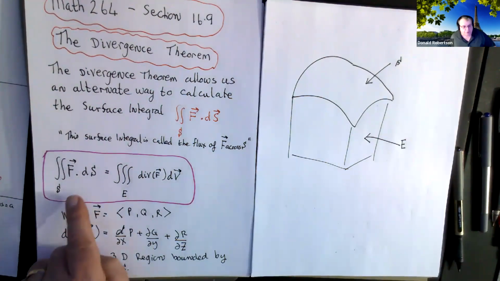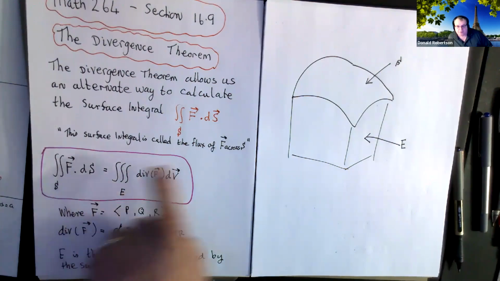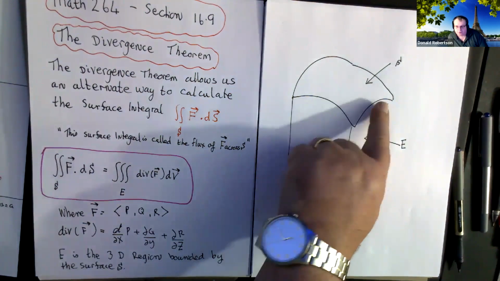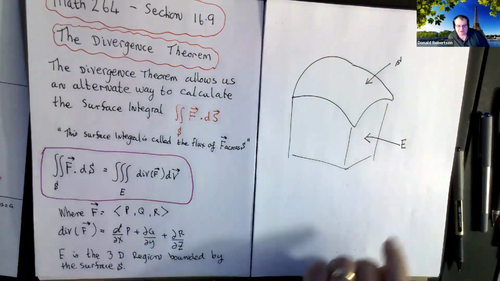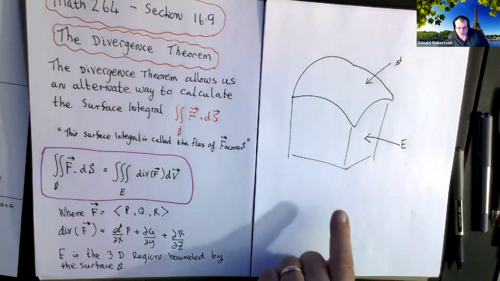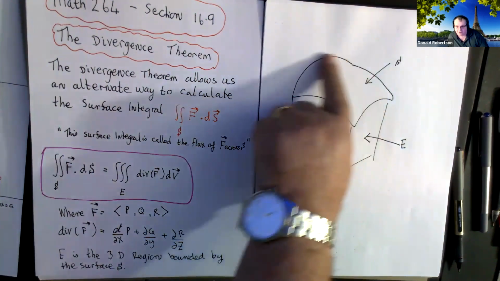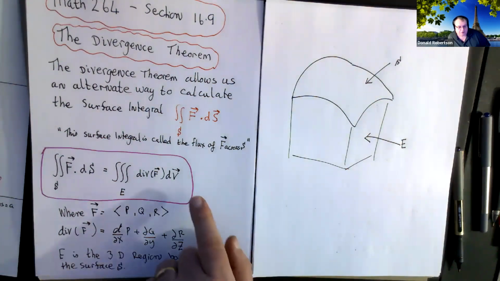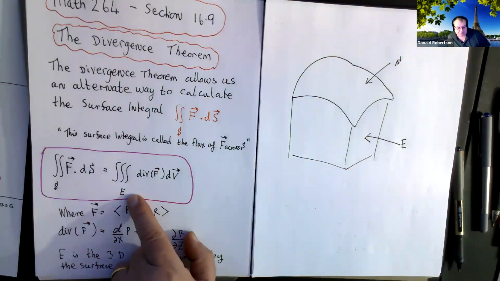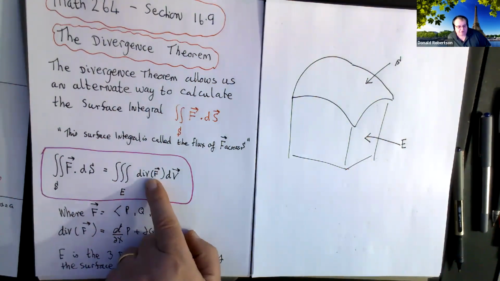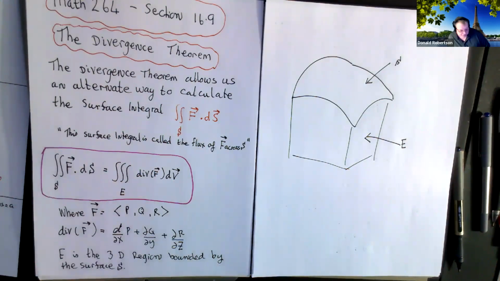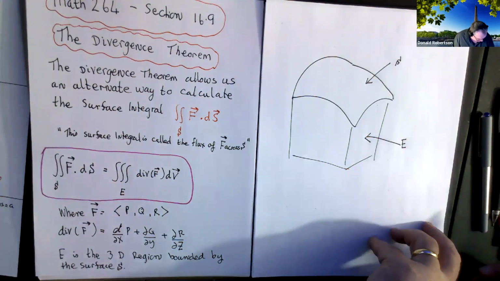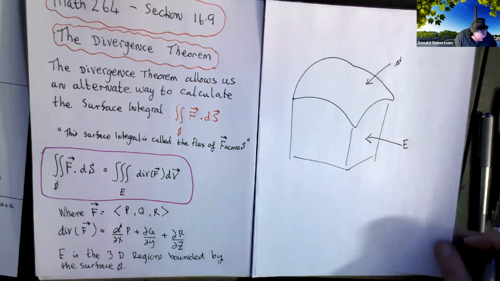And according to the divergence theorem, the double integral over this surface is equivalent to the triple integral over that entire region of the divergence of F. It's rather weird that that's true, but nonetheless it is.